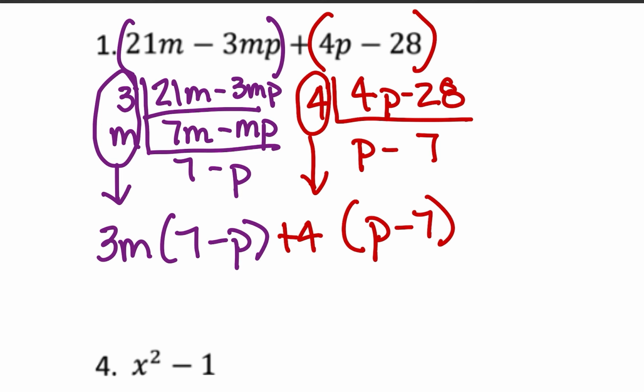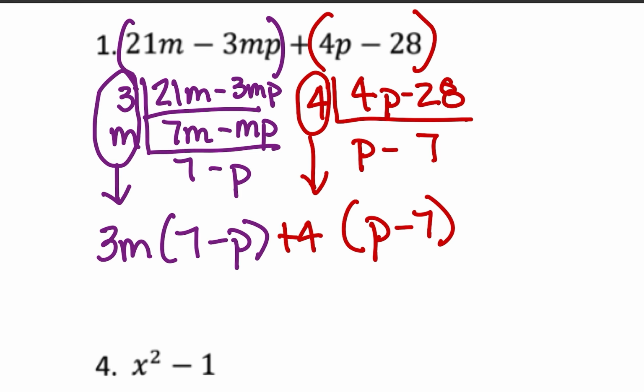So now when we have our factors written out, 3m and 4 are on the outside, and 7 minus p is on the inside of this first one. So we've got to be careful with this, because if we take a closer look, the p is negative here, but in this one, the 7 is negative.